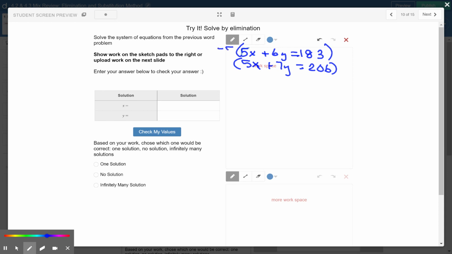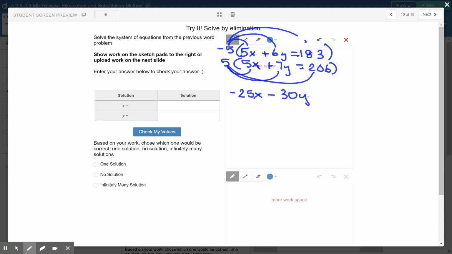So I'm going to make one of the 5's negative 5, and I'm going to put the bottom one 5. And then you can just distribute. So negative 5 times 5x gets you negative 25x minus 30y. Now I'll definitely use a calculator for this one.